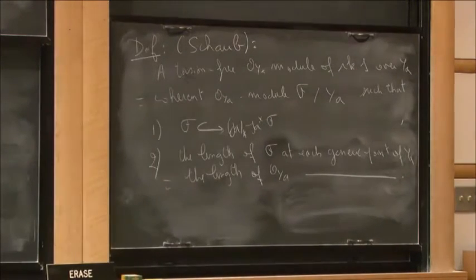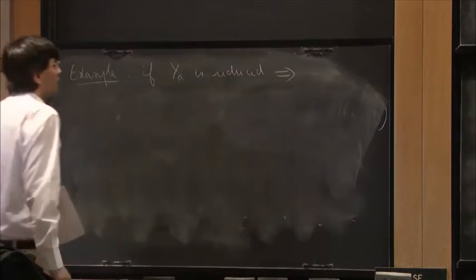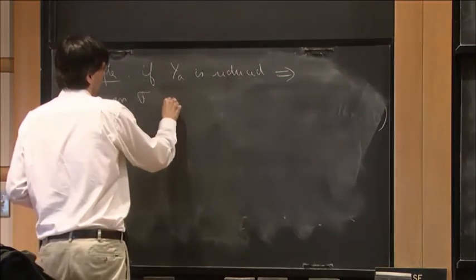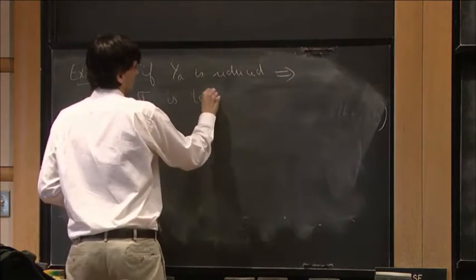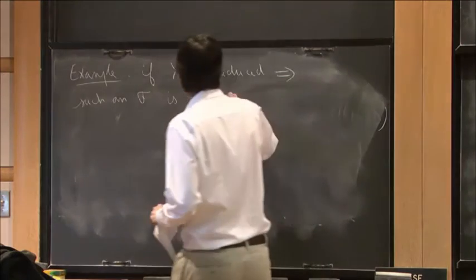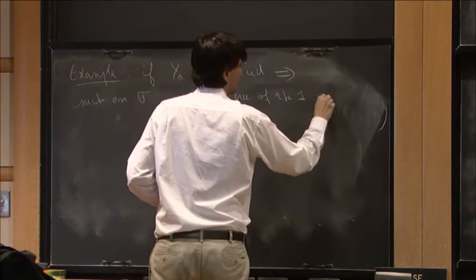And so, example: if Y_A is reduced, then such an F is a torsion-free sheaf of rank 1, say on the smooth locus.